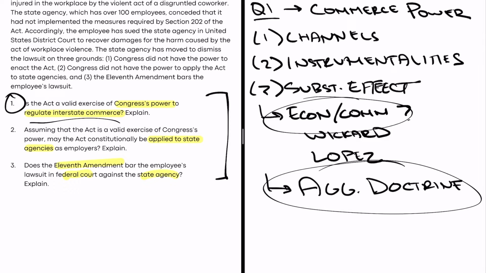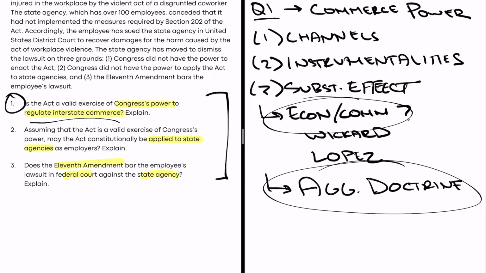As long as it's conceivable that there is a rational basis on which Congress could conclude that the activity in aggregate substantially affects interstate commerce, then it's going to be satisfied. So again, the whole analysis really comes down to identifying whether the activity is commercial or non-commercial, economic or non-economic. That's going to be the big part of that analysis.